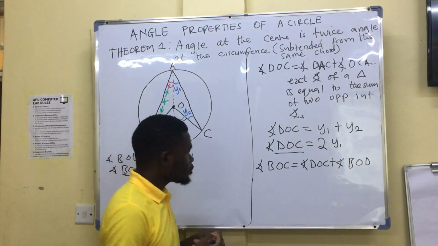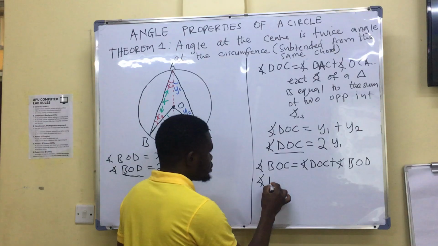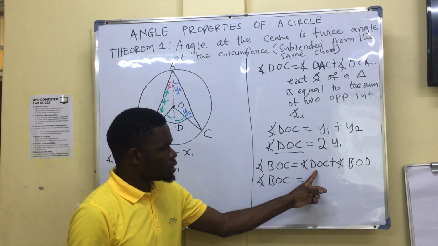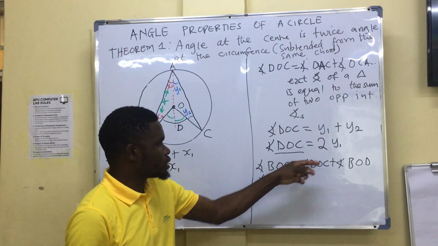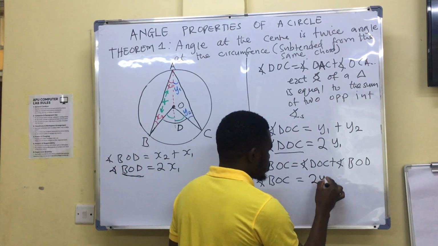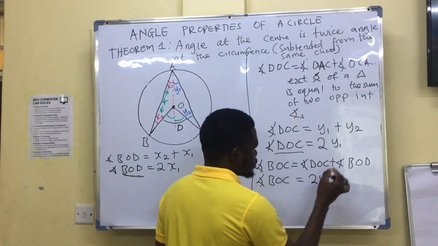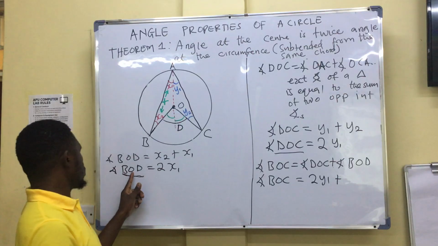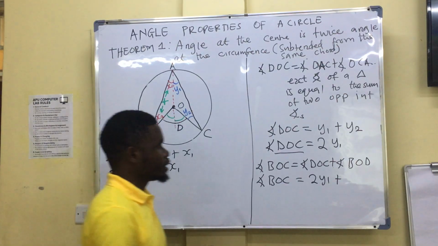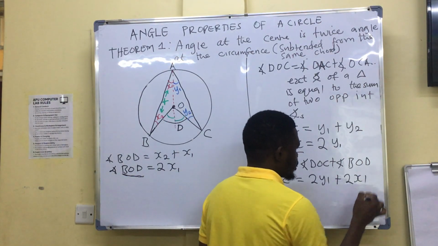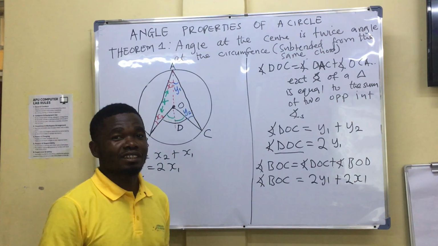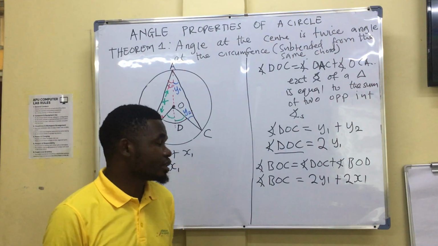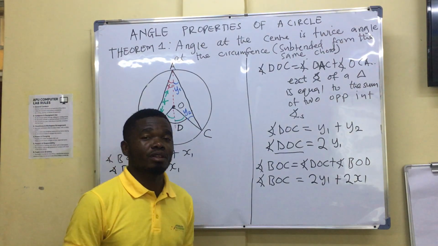Fine. So angle BOC is equal to what? What's the value of angle DOC? DOC is 2y1, right? Then plus this one, what about the value of angle BOD? BOD is 2x1. We are close to the answer. Engineers, don't sleep. Remember, we are here to solve problems. So this one is just a preamble.